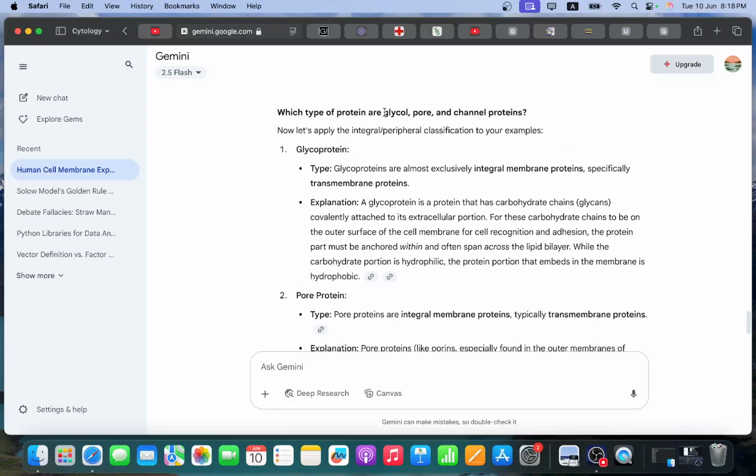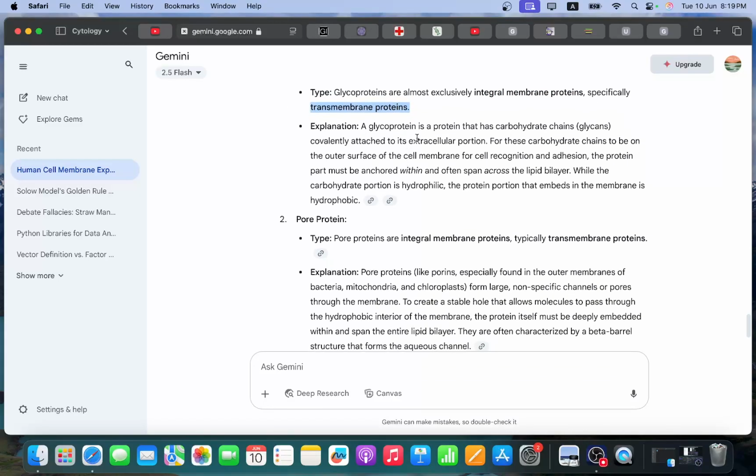Which type of proteins are glycoproteins and channel proteins? Now let's apply the integral/peripheral classification to your examples. Glycoproteins are almost exclusively integral membrane proteins, specifically transmembrane proteins. Explanation: a glycoprotein is a protein that has carbohydrate chains, glycans, covalently attached to its extracellular portion.